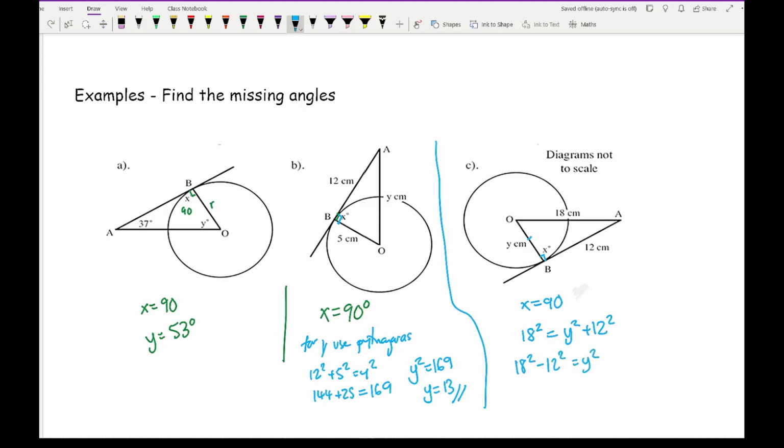Now 18 squared minus 12 squared is going to give me an answer of 180, and so Y equals the square root of 180, which I can simplify in surd form as 6 root 5, or I can write it as a decimal as 13.4 centimeters to one decimal place. There we go.